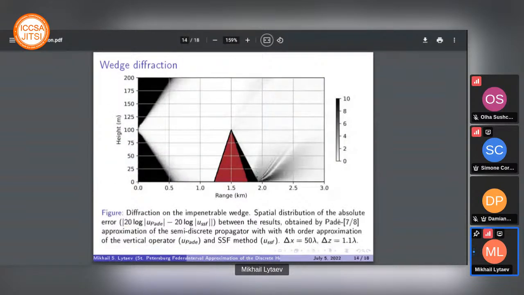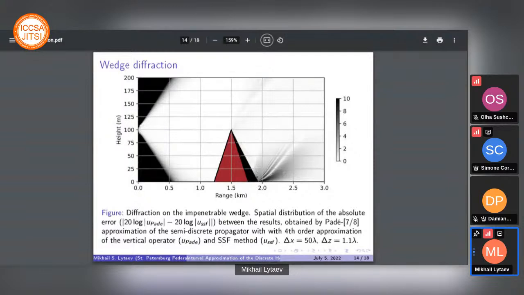This figure depicts the spatial distribution of the absolute error between Pade approximation and split-step Fourier method, as it was predicted theoretically using discrete wave number. Pade approximation allows for smaller propagation angles than the rational interpolation method.